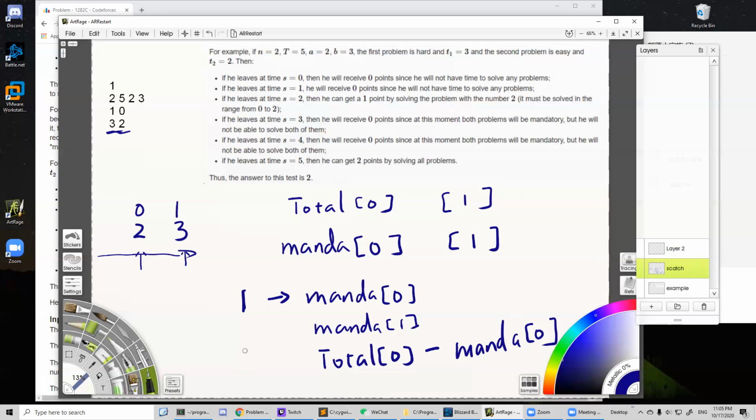Let's say we have X time left, we need to solve the easy problems first, because for both easy and hard problems, we can get 1 point from each. But the easy problem will cost less time. So we are going to solve those easy problems first. And then we are going to solve the hard problems, right?